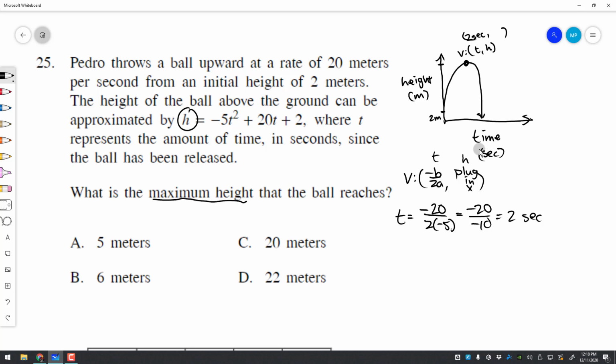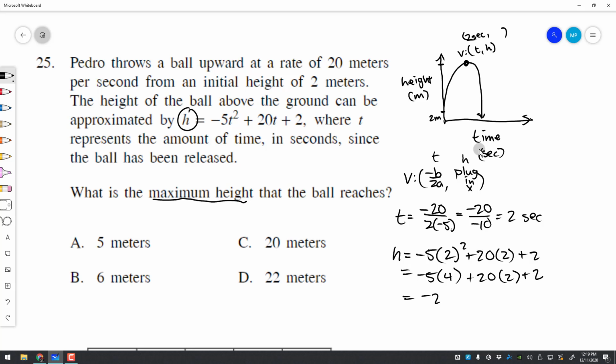But now we need to figure out what that height is. Now remember, from our formula here, I can generate the height for any point in time by plugging in for t. So to generate our height, we're going to go to the original equation, and everywhere there's t, we're going to substitute in our given time of 2 seconds. So remember, order of operations, exponents first, and then we can go through and multiply and add.